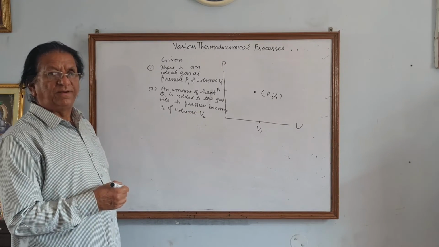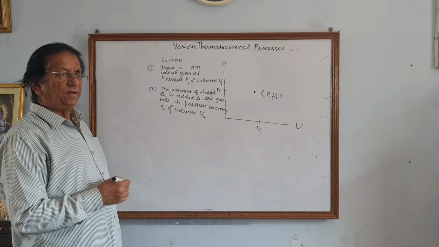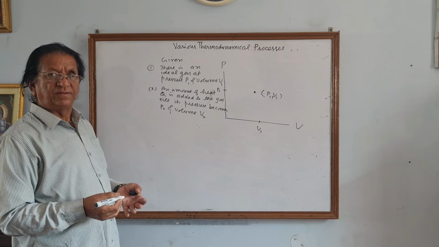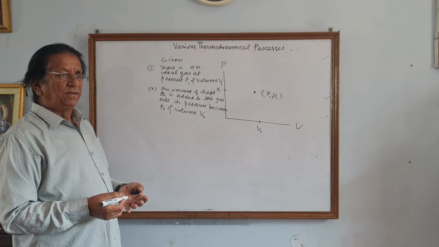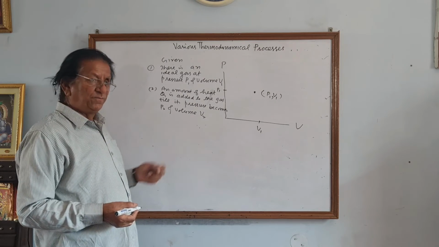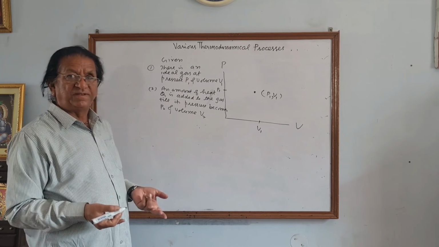A quantity of heat is supplied to the ideal gas. When you have added heat to the system, volume increases, and he has told you there is a change in pressure and change in volume. On adding heat, there will be expansion.